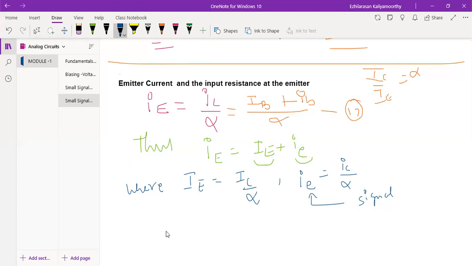Now what do we do from the expression? I think it will be very easy for you. From this equation, small IE is equal to IC by alpha, where small IC is nothing but, see here, IB plus IB.